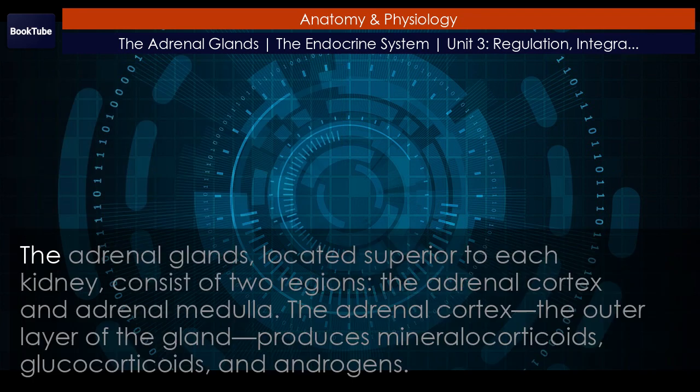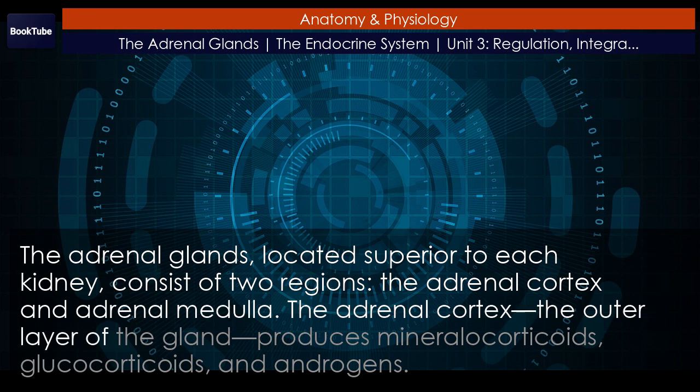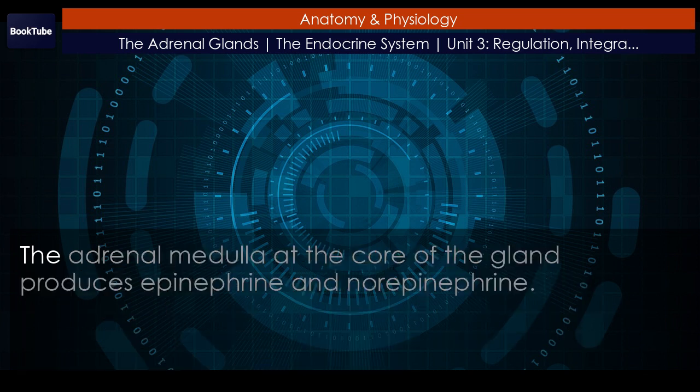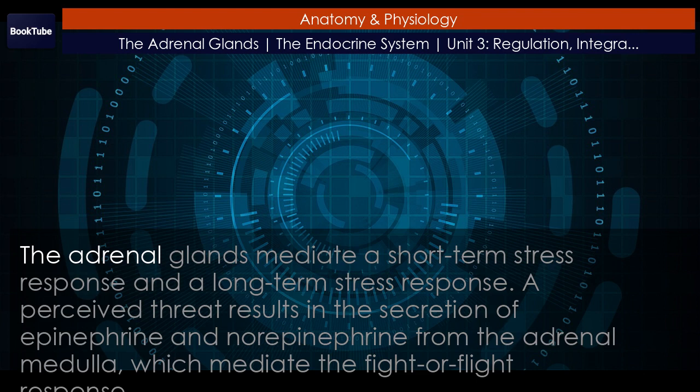Chapter Review. The adrenal glands, located superior to each kidney, consist of two regions: the adrenal cortex and adrenal medulla. The adrenal cortex, the outer layer of the gland, produces mineralocorticoids, glucocorticoids, and androgens. The adrenal medulla at the core of the gland produces epinephrine and norepinephrine. The adrenal glands mediate a short-term stress response and a long-term stress response.